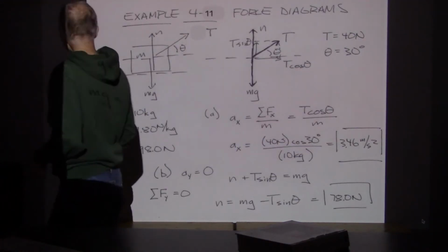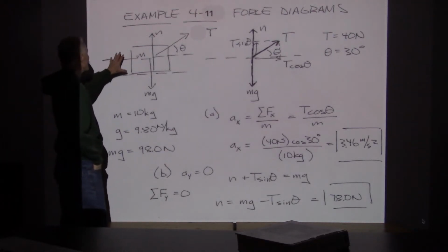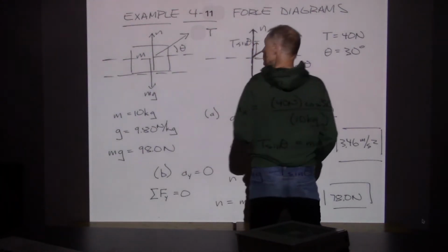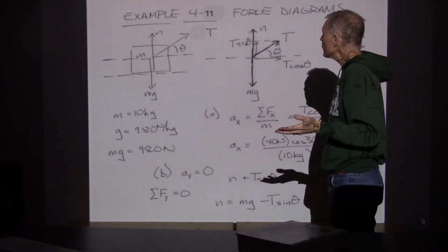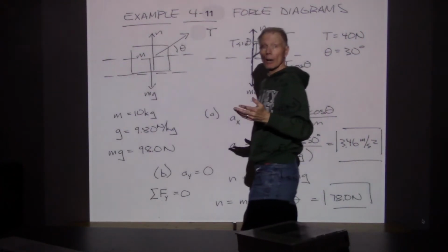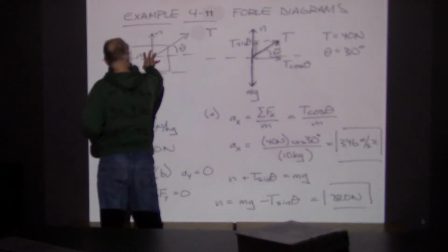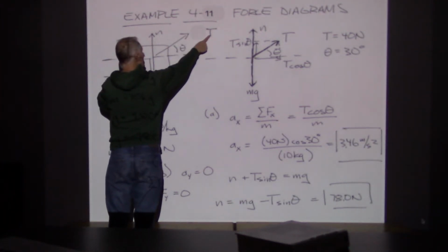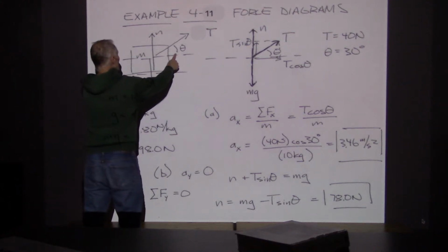So the free body diagram, or the force diagram, now looks a little different. What we've got is the mass is here, the object is here. The force now, which I'm calling tension, is at an angle theta.